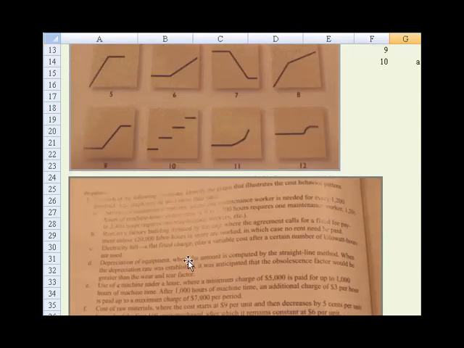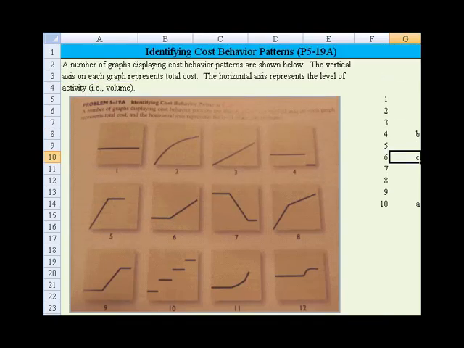All right, let's go read D now. D says, depreciation of equipment, where the amount is computed by the straight line method. When the depreciation rate was established, it was anticipated that the obsolescence factor would be greater than the wear and tear factor. Okay, so we've got straight line depreciation.